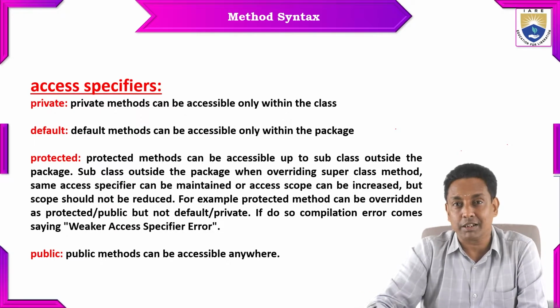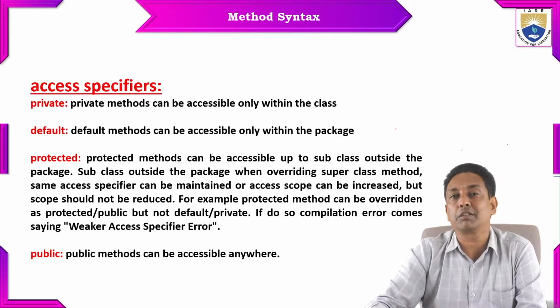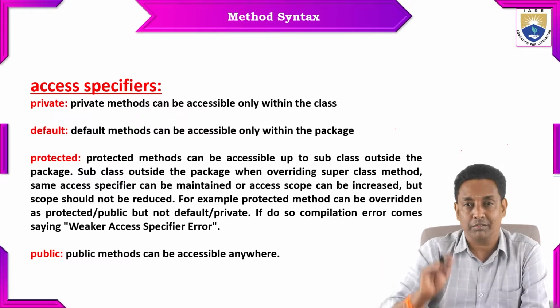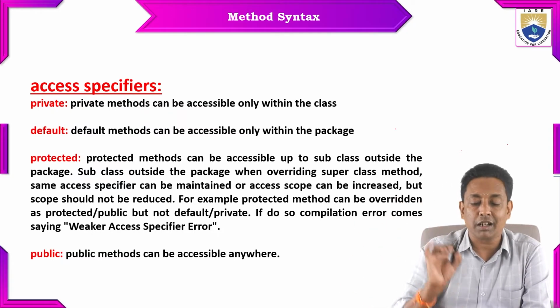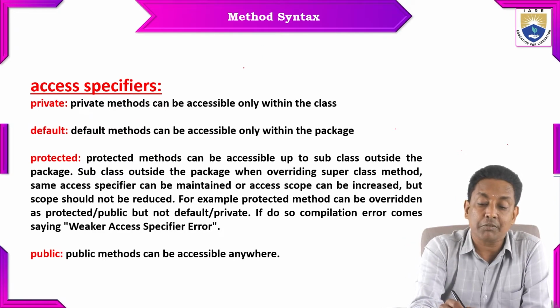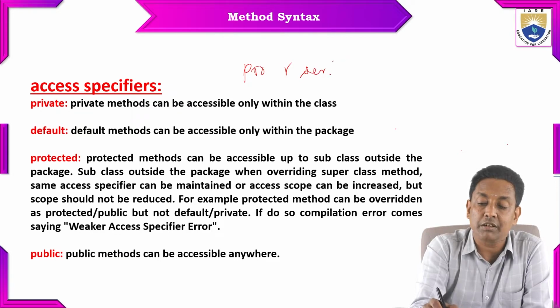That happens in servlets. It is too early to talk about servlets in core Java, and I don't mean to teach servlets here, but it is one example I am giving. In servlets, there is a method protected void service, with servlet request and servlet response as parameters.